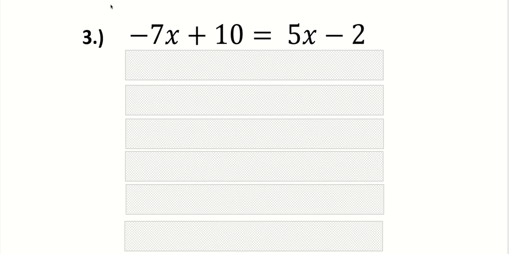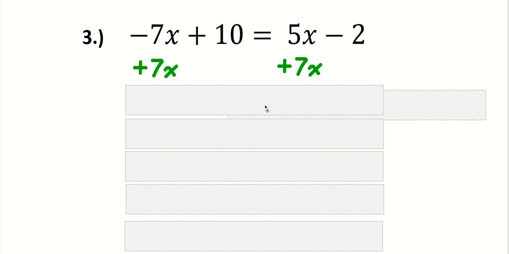Okay, this is interesting. If we're going to follow the moving the smaller one rule, which one's smaller? Negative 7x or positive 5x? Well, I'm hoping you're looking to move this one. You don't have to, but if you're going to move a negative 7x, what cancels out a negative 7x so that we can move it away from the left side over here?